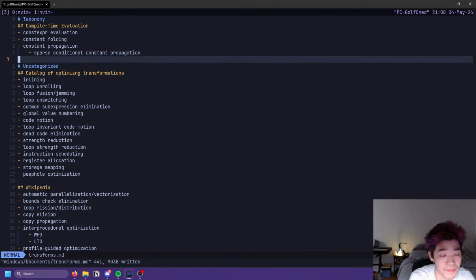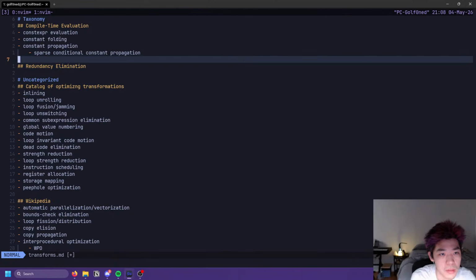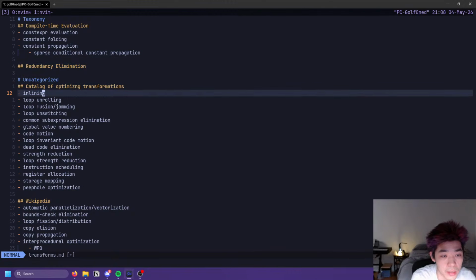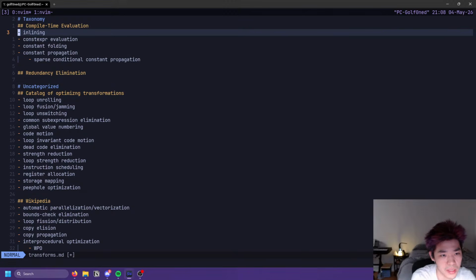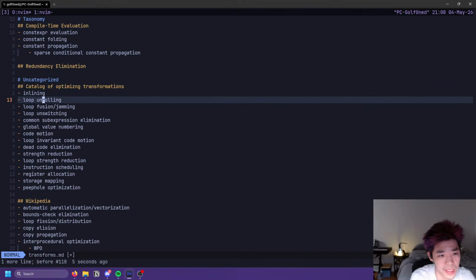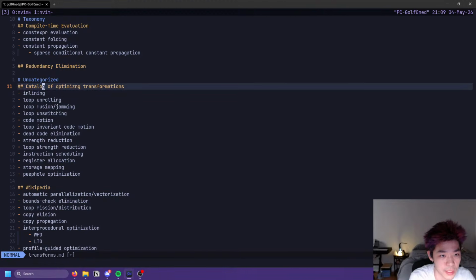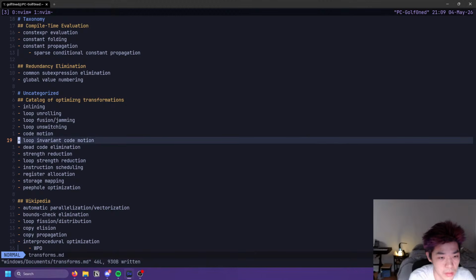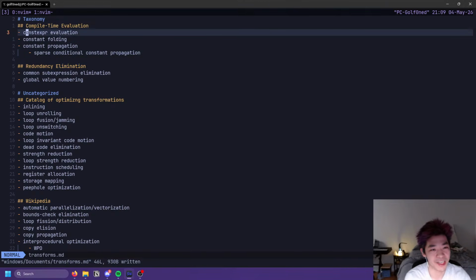I guess we can do a redundancy elimination. We could put inlining in here in a sense. I don't know if that fits there. Redundancy elimination, we can put these two in here. I don't know, all of this is evaluated at compile time in a sense.